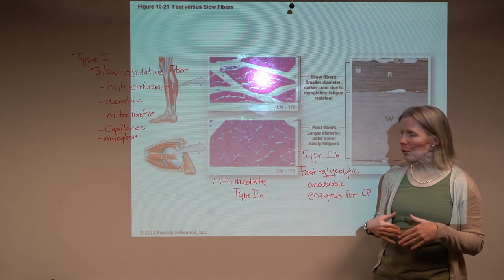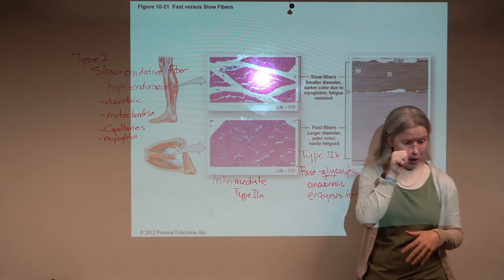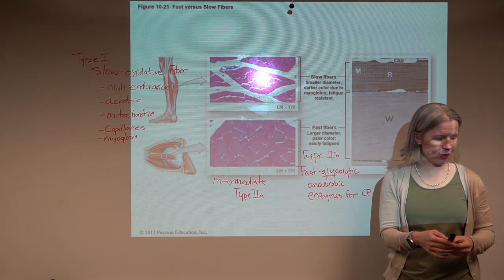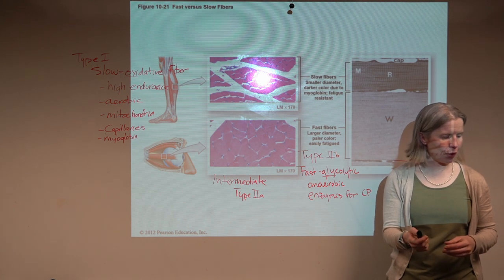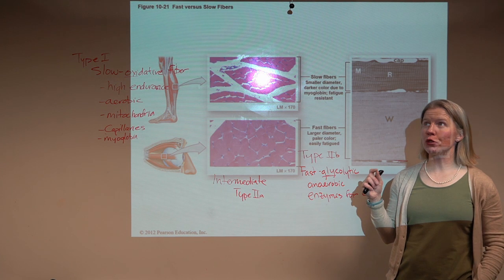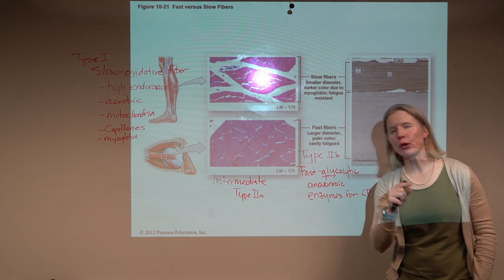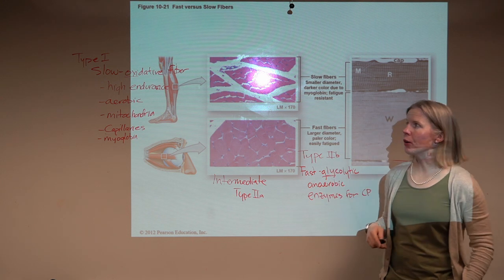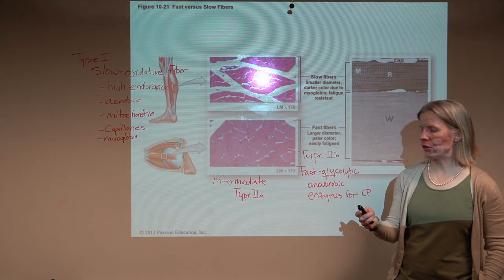So there is a genetic predisposition, but these intermediate fibers can kind of be trained in one direction or another. So that's kind of fun. Also note, all muscle fibers in the same motor unit, so all muscle fibers directed by the same neuron, are going to be the same type. There's not a mixture in there.